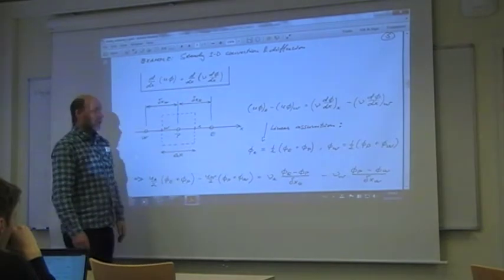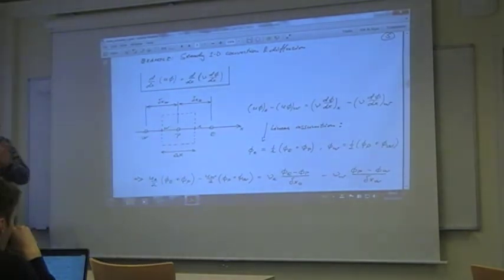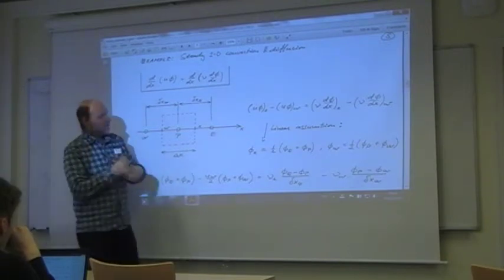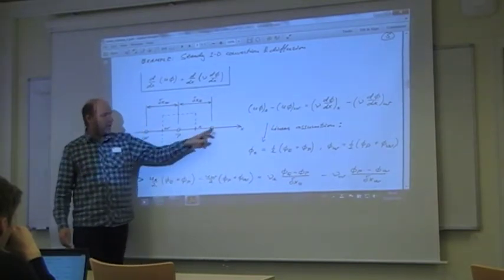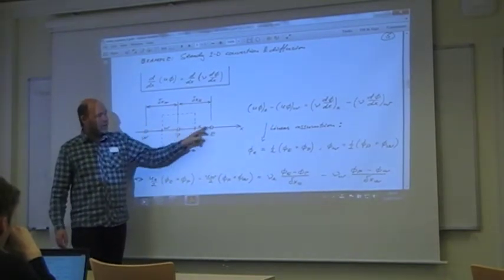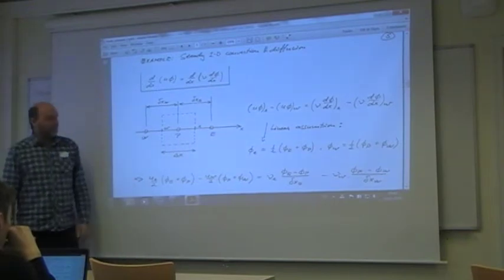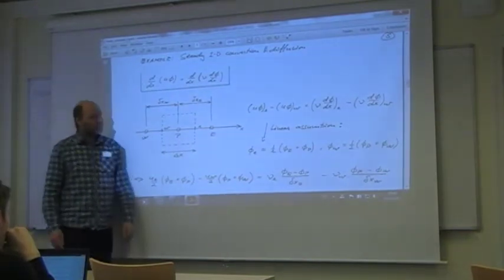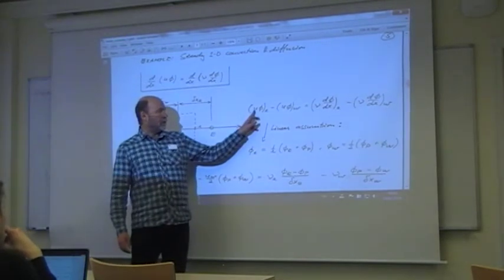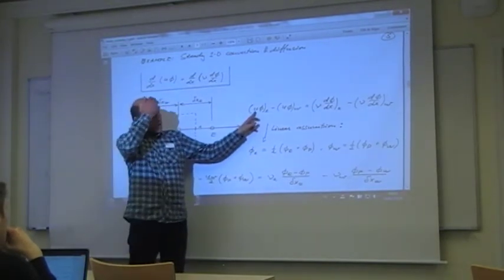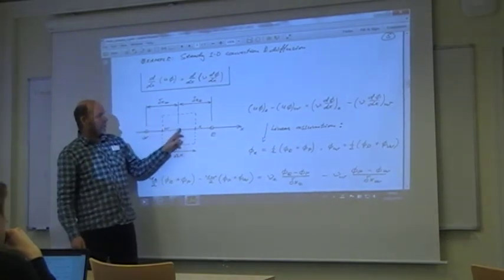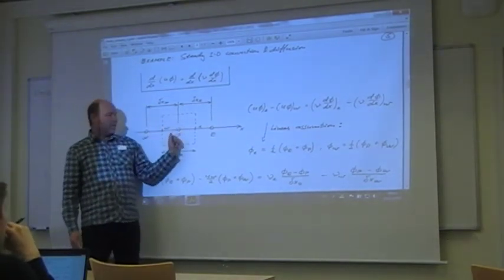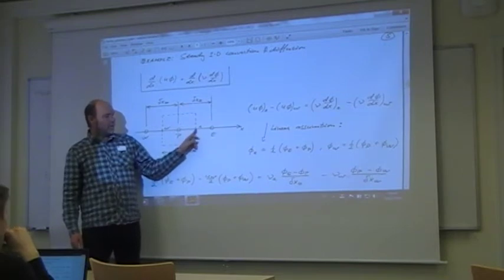And there you have, of course, the choice, choosing either a central scheme or an upwind scheme. Central means linear variation. Finding a value here, you take a linear variation between those two points. If you choose a first order upwind, then you have to know what's the sign of the transport velocity. If it is positive, then you choose the center value to be the representation of the value to the right.